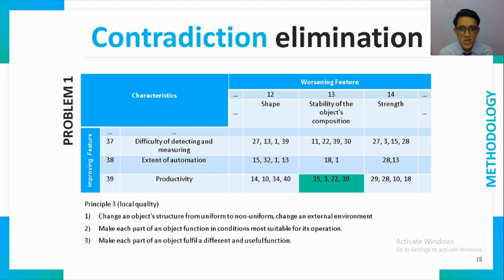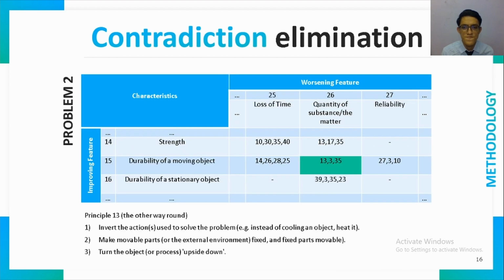And principle 3, local quality, is chosen, which gives the following explanation: change an object structure from uniform to non-uniform, change an external environment, make each part of an object function in a condition most suitable for its operation, make each part of an object fulfill a different and useful function.